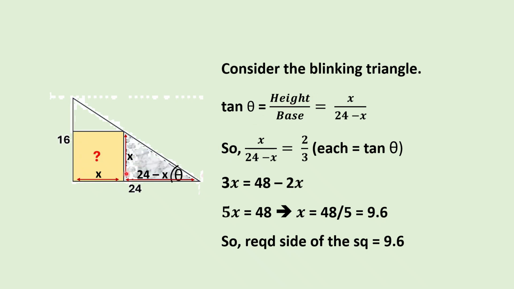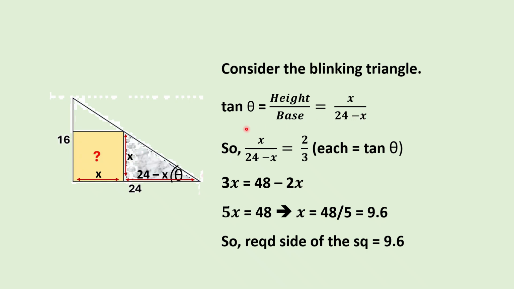The height will be equal to x, and the base will be, the total is 24, and the side of the square is x, so the remaining part will be 24 minus x. Still the angle is theta, so tan theta equal to height by base, x by 24 minus x.